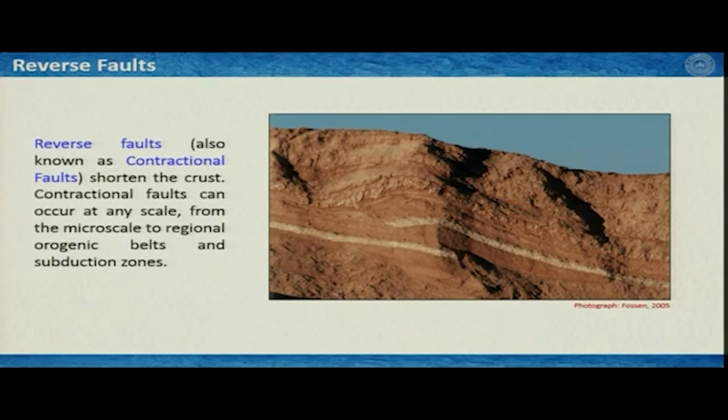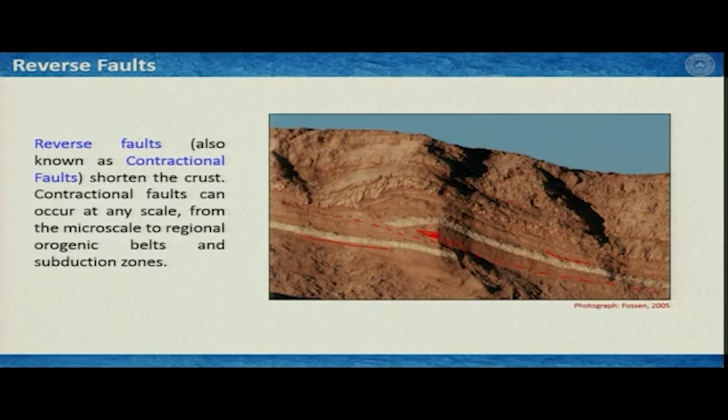So as you can see in this fantastic image by Foysen, this is the trace of the fault, and we can see that this particular white layer, this one and this one, were once upon a time together, but due to the faulting, thrust faulting or reverse faulting, this has moved, and therefore the entire crust got shortened.